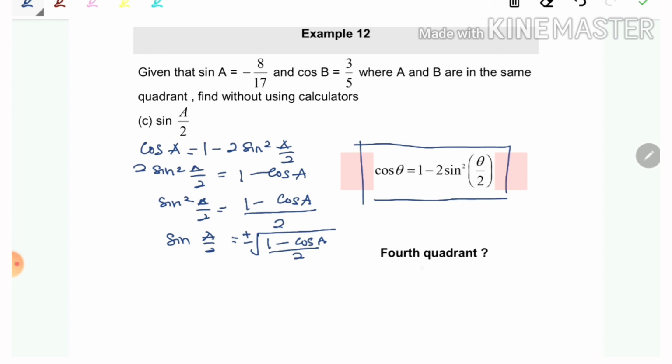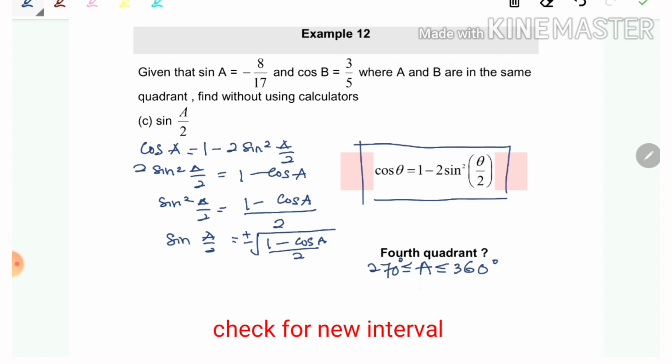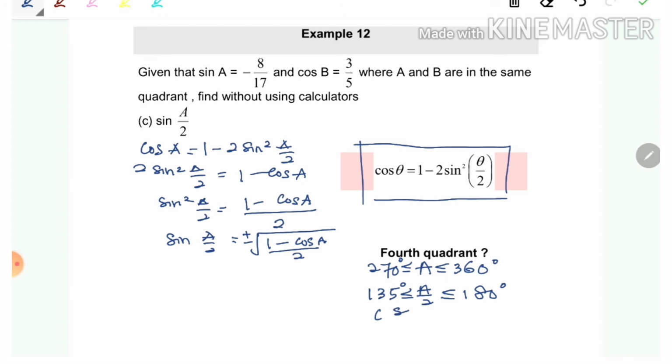Careful with the quadrant. Angle A lies between 270 degrees until 360 degrees. Now we have the half angle. Half angle means we have to divide by 2. Now we have 135 degrees until 180 degrees, which is the second quadrant, right?